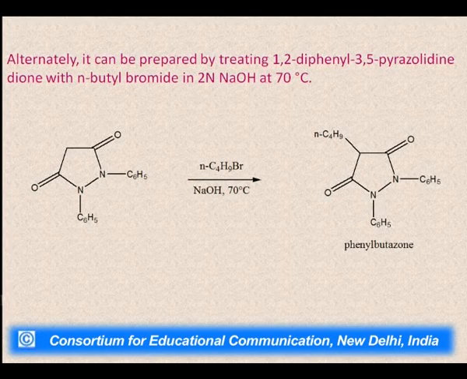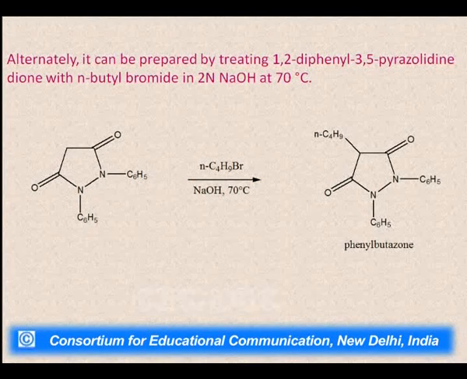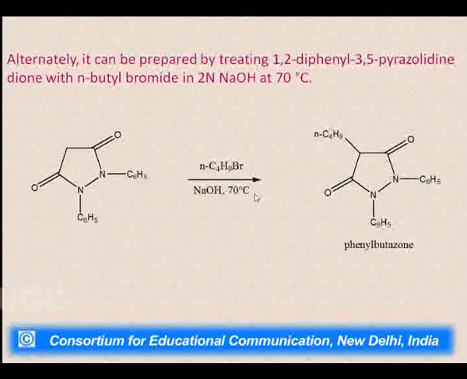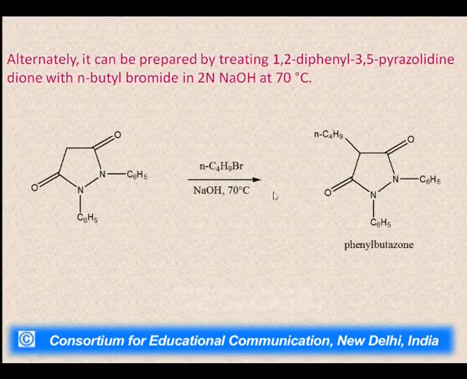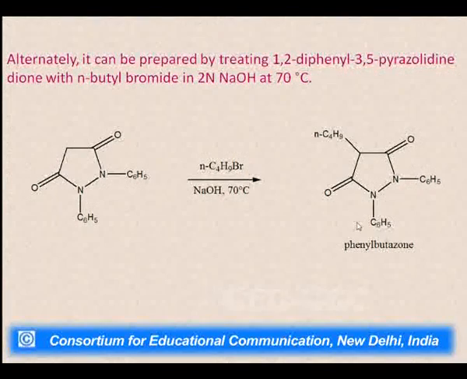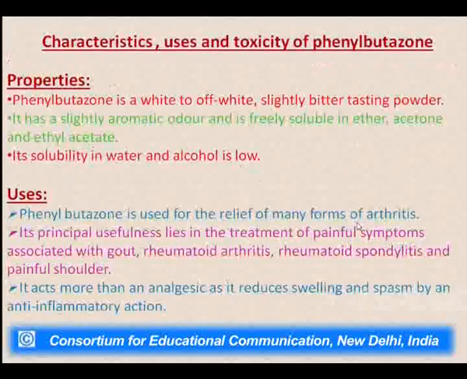Alternatively, phenylbutazone can be prepared by treating 1,2-diphenyl 3,5-pyrazolidine dione with N-butyl bromide in 2 normal sodium hydroxide at 70 degrees centigrade, and in a simple reaction, only alkylation of this ingredient will take place to give us the phenylbutazone.